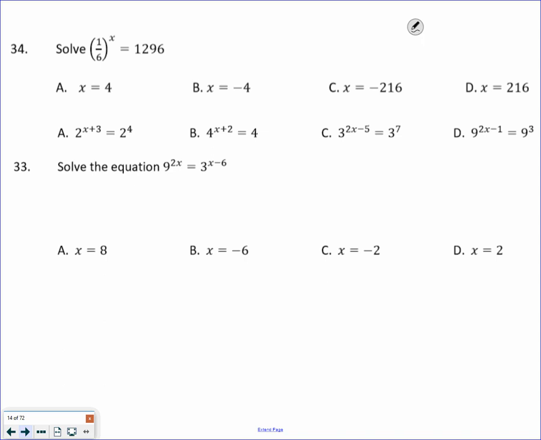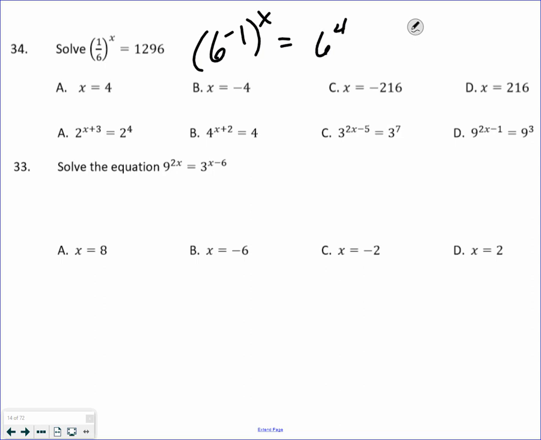Solving. If the bases are the same, exponents are equal. 1,296 is going to be the hard part about this. What you're looking for is what value... so this 6 raised to the negative x. 1,296 is, sorry, 6 raised to the 4th power.